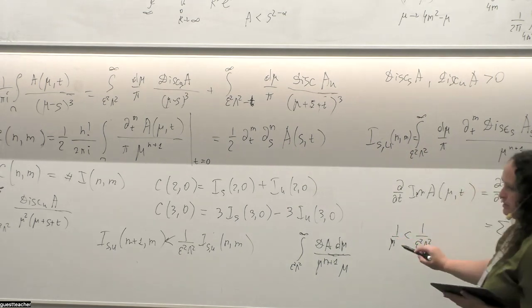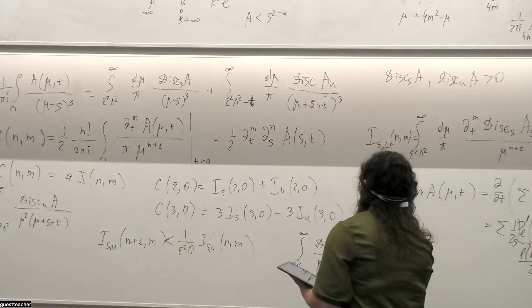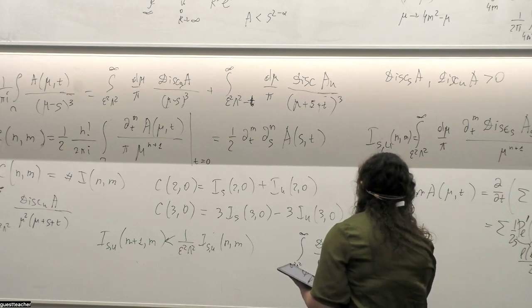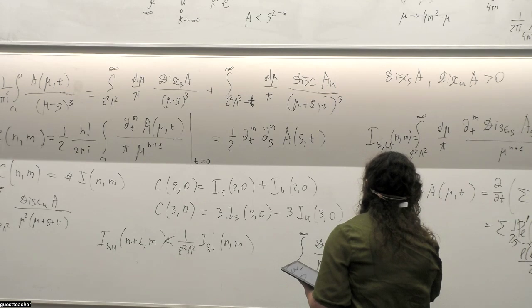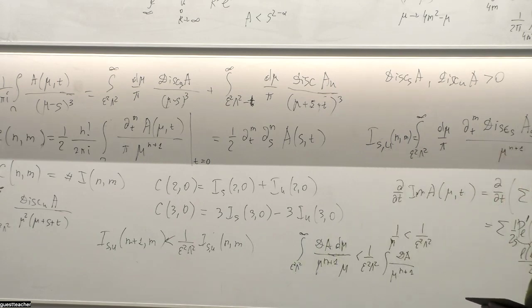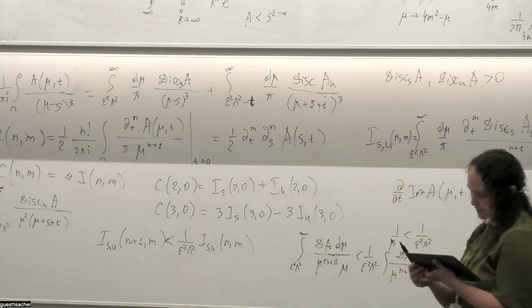So it's always less than the value taken on the boundary. And from this trivial statement, I'm getting epsilon squared lambda squared times the integral of dA over mu to power n plus 1, which is just this inequality.